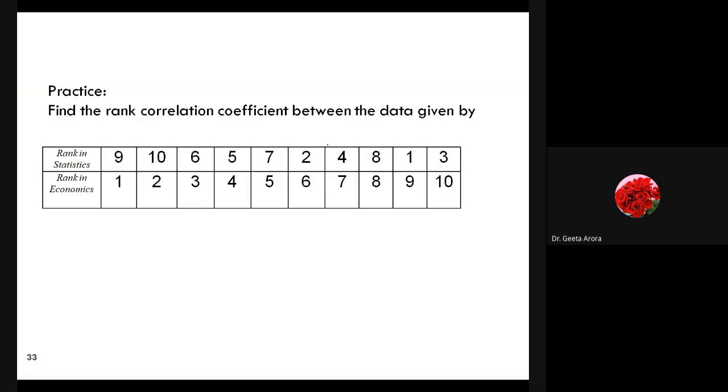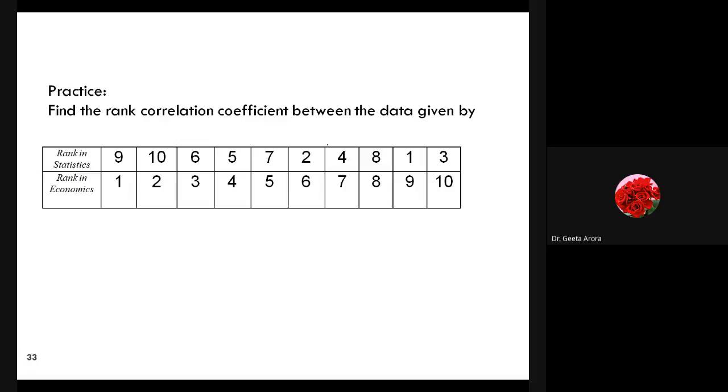Okay. Here, see, we have a practice question. That's why we have written it as practice: find the rank correlation coefficient between the given data. Correct. We have been provided with the ranks again in stats and in economics, that is, the rank of a student in the stat subject and in economics.